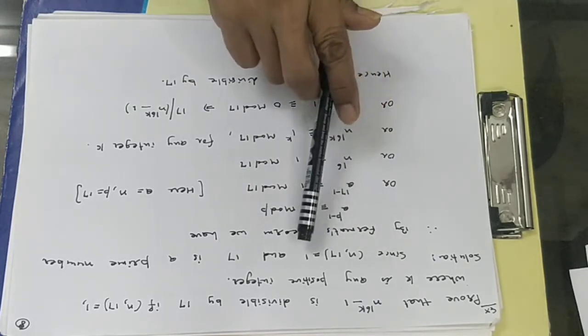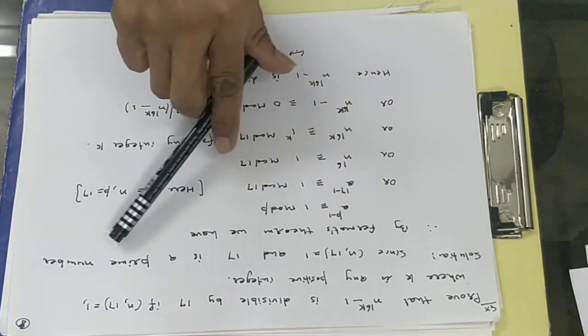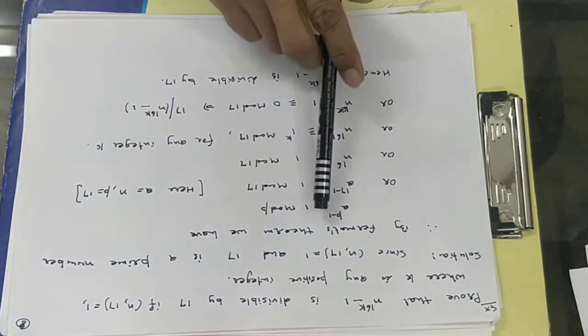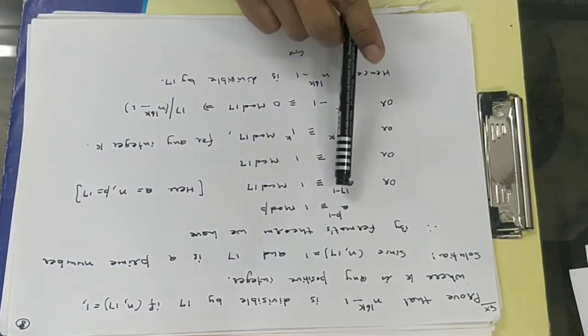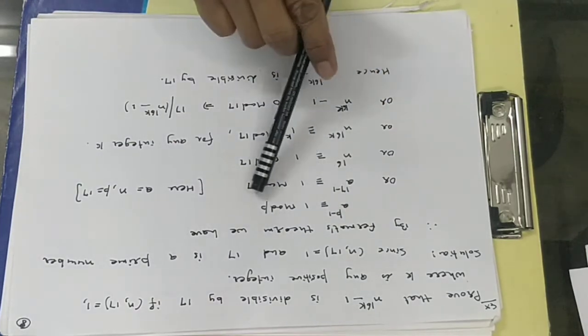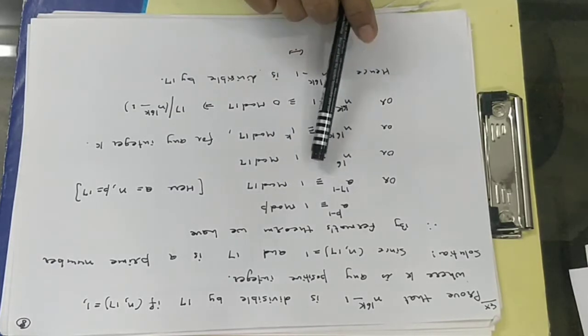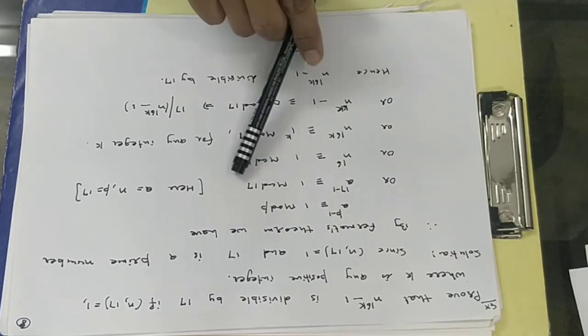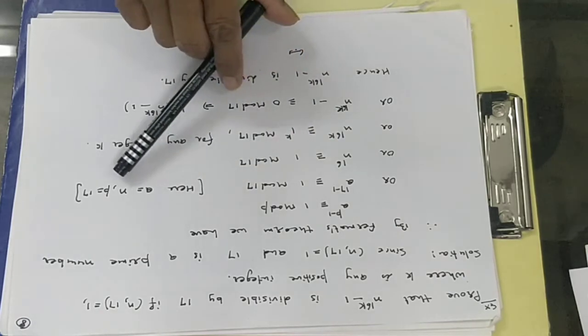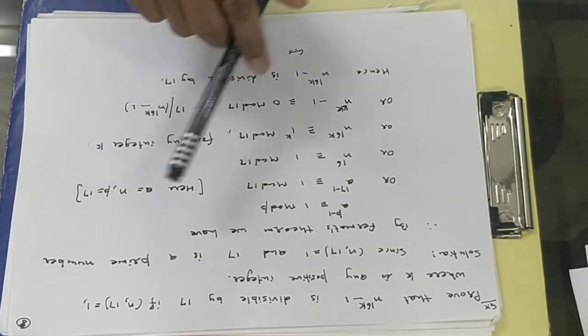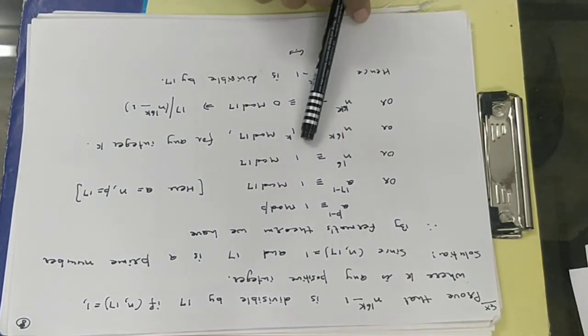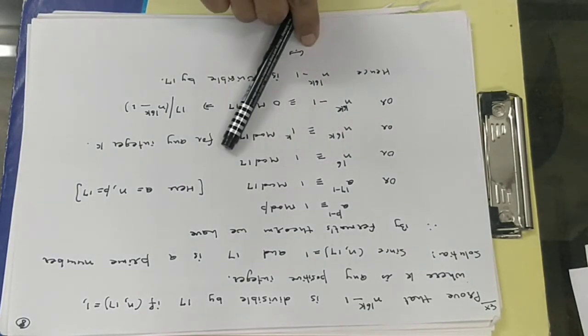Now n and 17 are co-prime, and 17 is a prime number. Now using Fermat's theorem, a to the power p minus 1 is congruent to 1 modulo p, we get a to the power 17 minus 1 is congruent to 1 modulo 17. If we take a equal to n and p equal to 17, then we get n to the power 16 is congruent to 1 modulo 17.